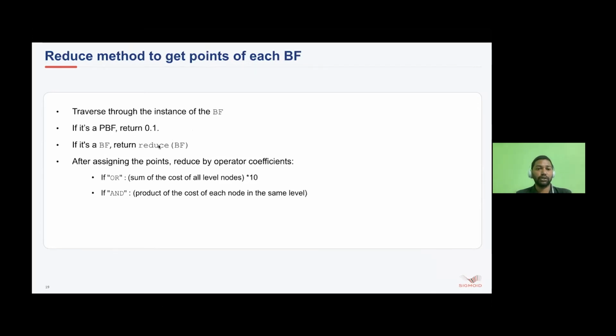If it's a bulk filter, we'll return reduce bulk filter, where we will assign the points on basis of the operator. So if it's OR, we will do the sum of all cost of all the same level nodes, and then multiply it to 10. And if it's AND, we will do the product of the cost of all the nodes at the same level.